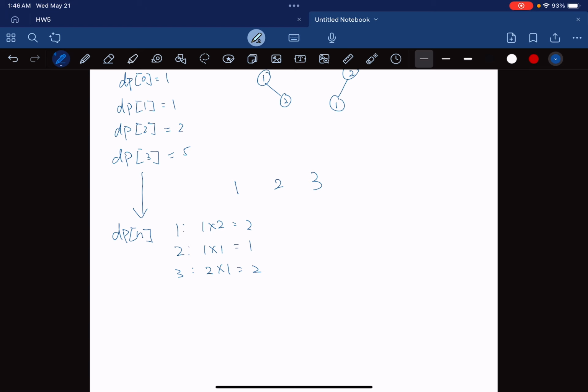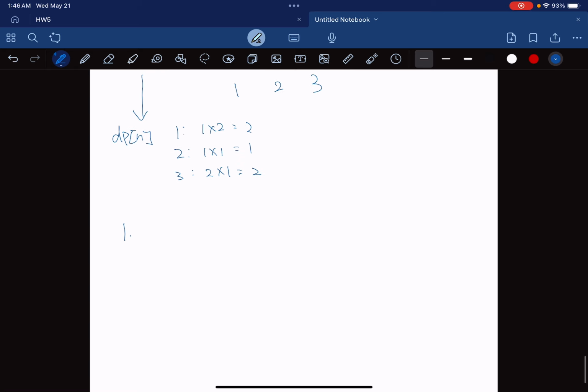Let's walk through it. At first, initialize an array of size n plus 1, to include the case of dp0 as well. Then fill in the base cases of dp0 and dp1, which are both 1.